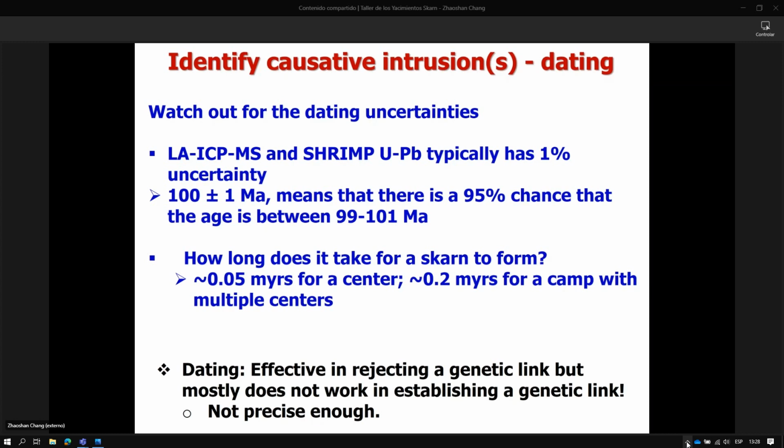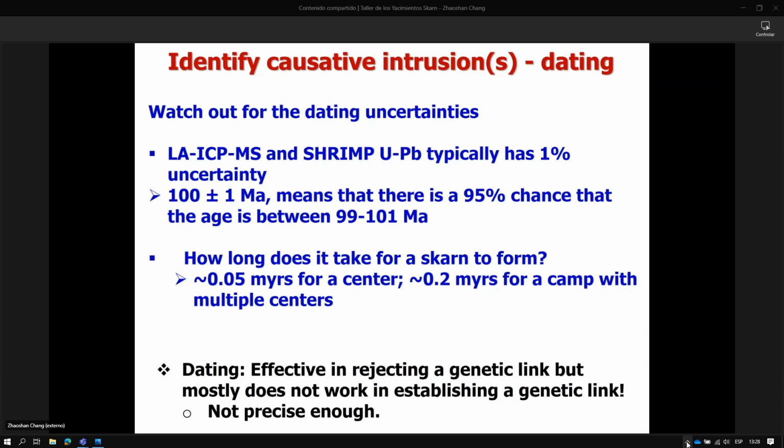If one age is 100 plus minus 1 and another one is 101 plus minus 1, they overlap, so you cannot say which is earlier. There are many published papers that use this to say, this is a causative intrusion because the ages overlap. They overlap, but that still doesn't tell you.